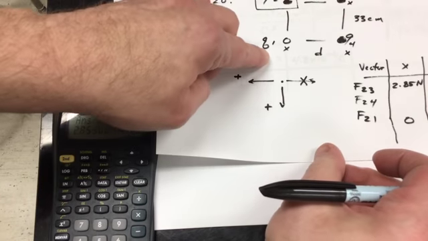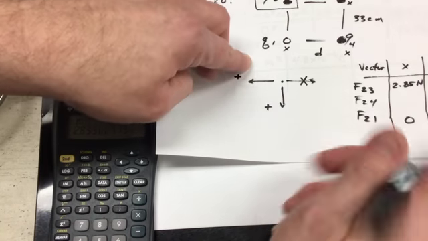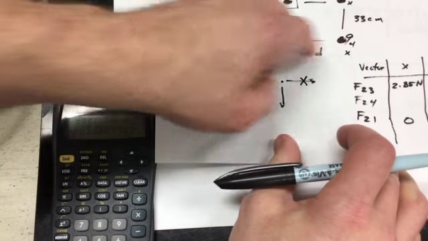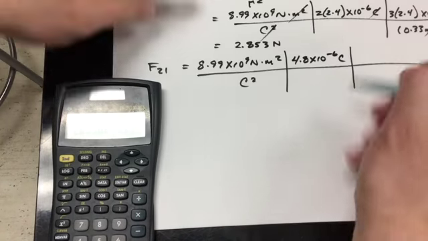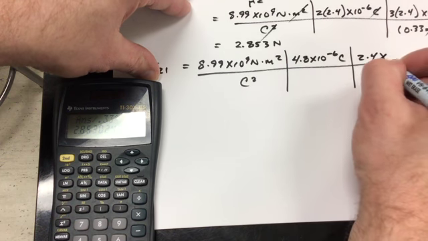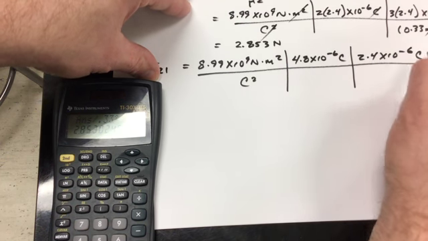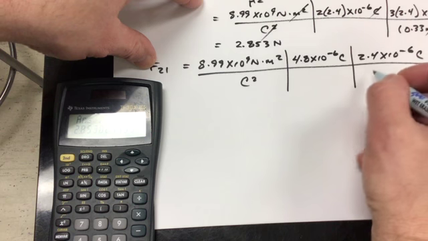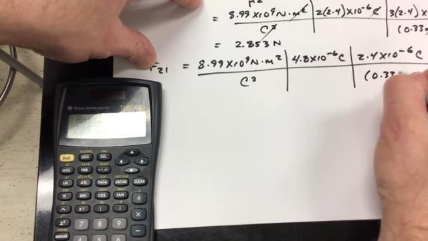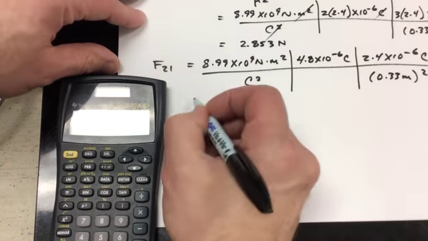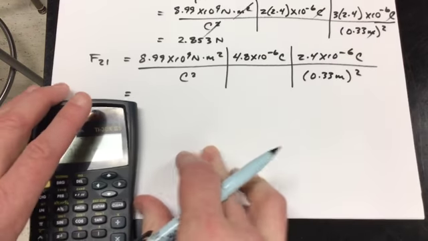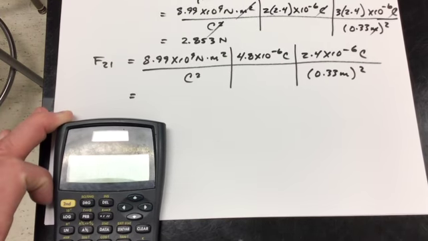Okay, now Q1, according to our problem, is plus Q. So that's just going to be 2.4. So 2.4 microcoulombs, 10 to the minus 6 coulombs. The distance is the same side of the square, which is 0.33. Okay, so now I'll crunch that out. We'll see what we get.